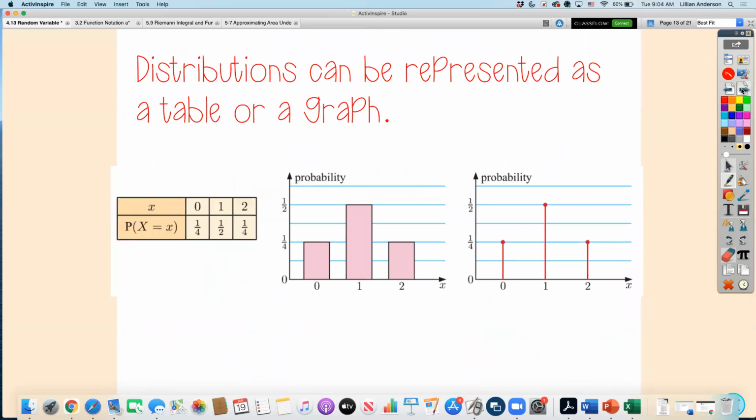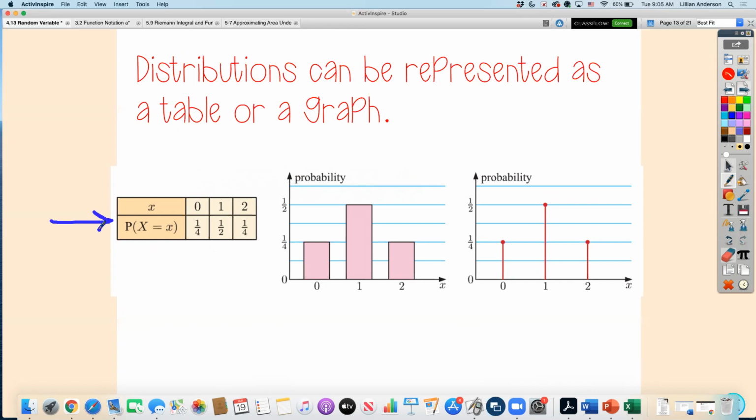These distributions can be represented as either a table or as a graph. What I did in that last example that I was writing in blue, I essentially wrote out every single probability for you. But more than likely, you're going to see it represented as a table or as a graph, okay?